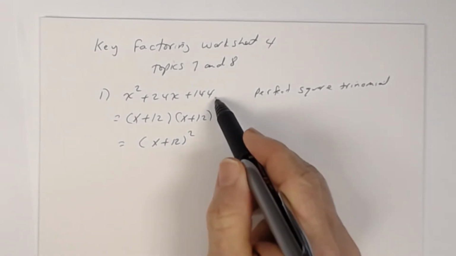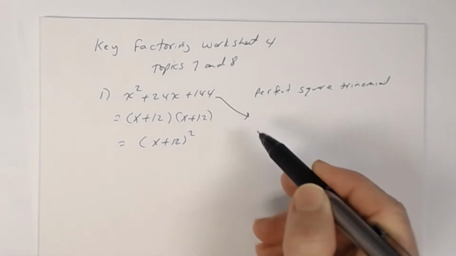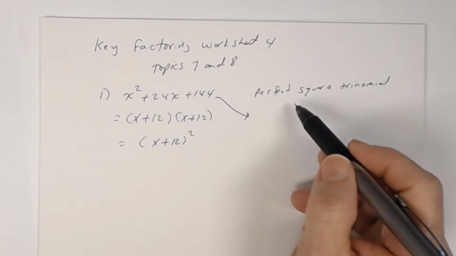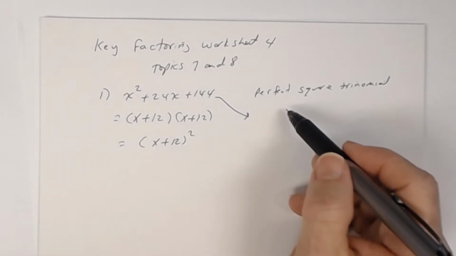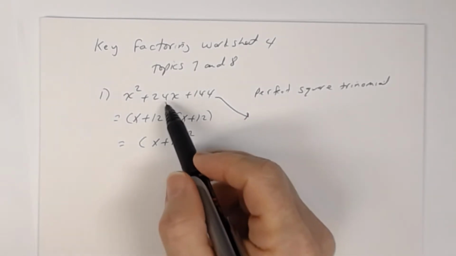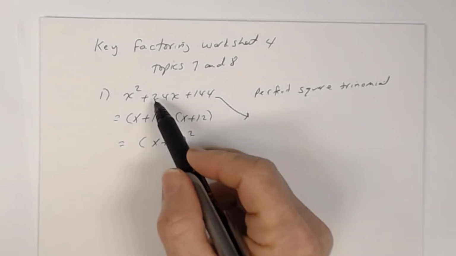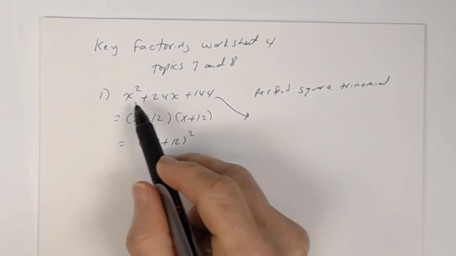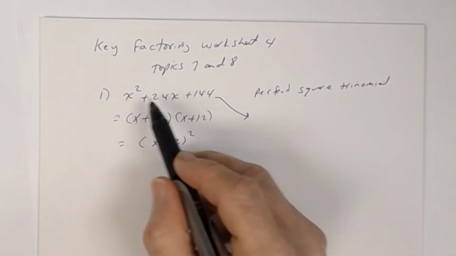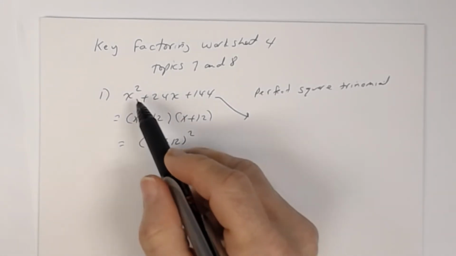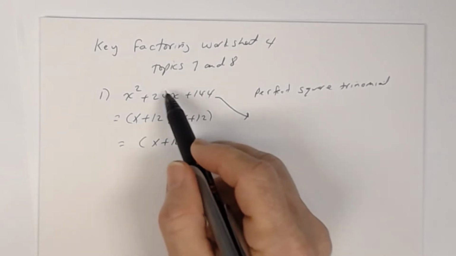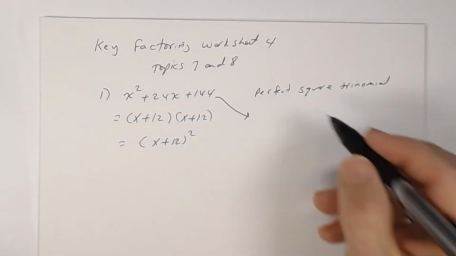Now, one of the things I wanted you to recognize is that whenever you have a perfect square trinomial, the coefficient of x is always going to be even. Now, we're assuming there are no fractions involved here, so these are all whole numbers or integers, but the coefficient of x is even. So I want you to notice something.